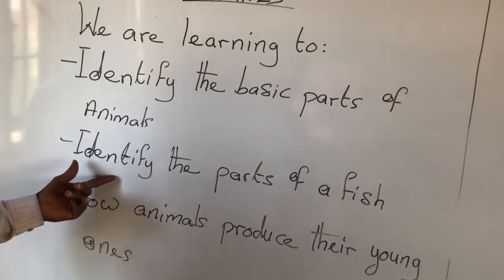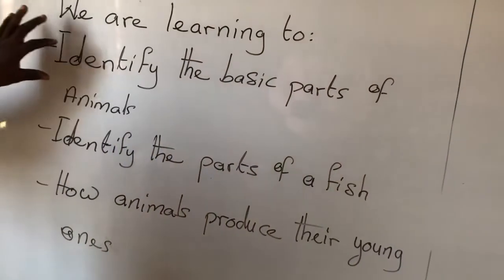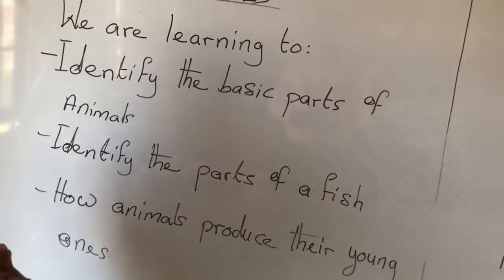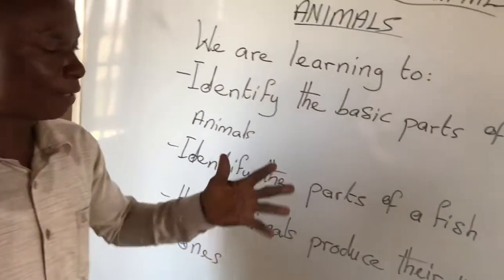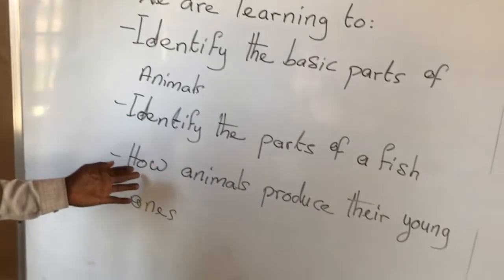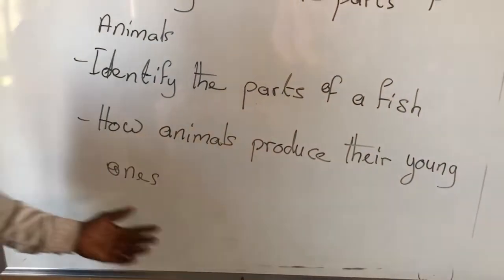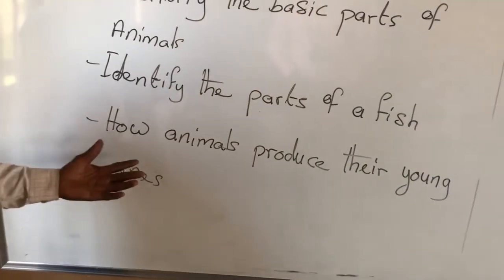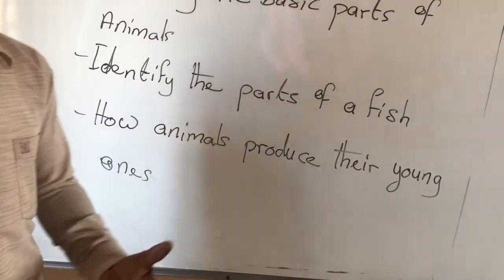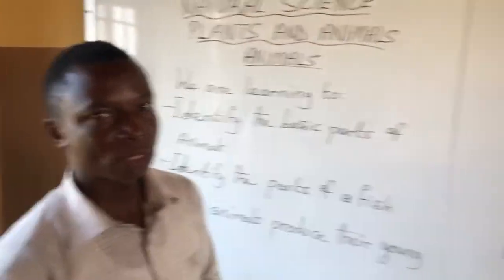Also, we take the fish alone and identify the various parts of a fish. Now, we will also look at how animals produce their young ones. Let's quickly look at the parts of animals.